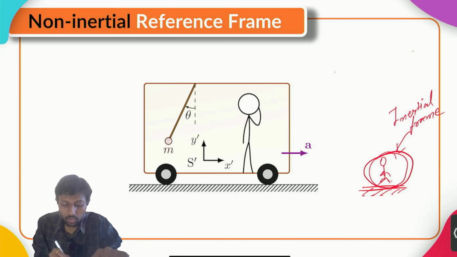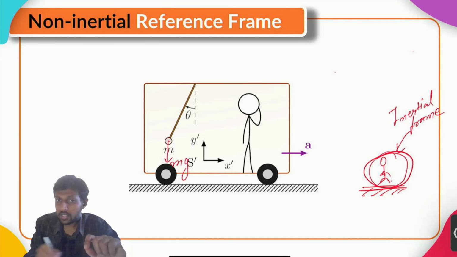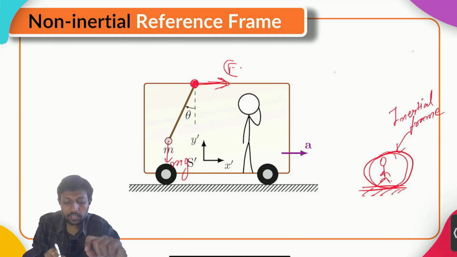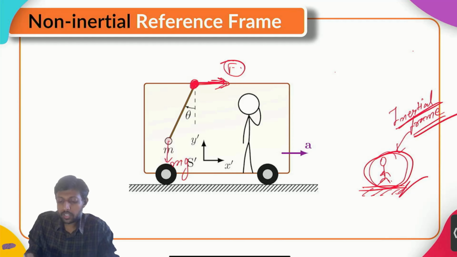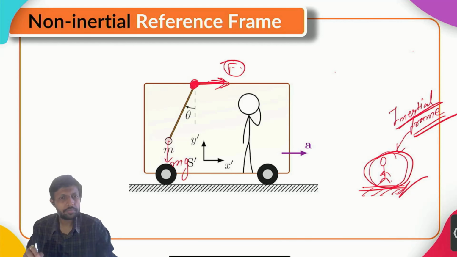One is mg acting vertically downwards, and the other is, since this vehicle is accelerating, the point attached to the vehicle is this, there must be a force acting in this direction, or this point must be accelerating, and that's why there is that tilt. So this person is able to explain stuff easily if the observation is made from an inertial frame of reference.